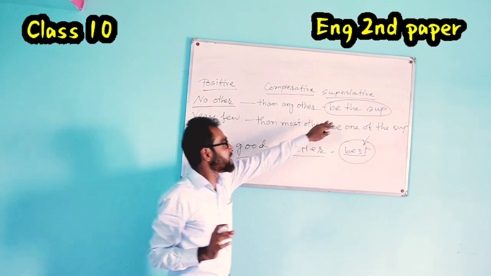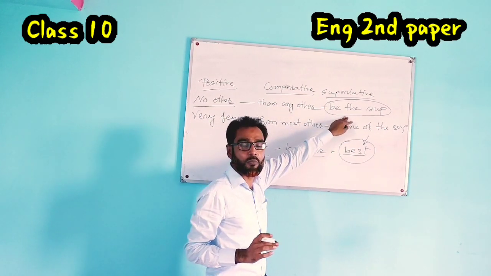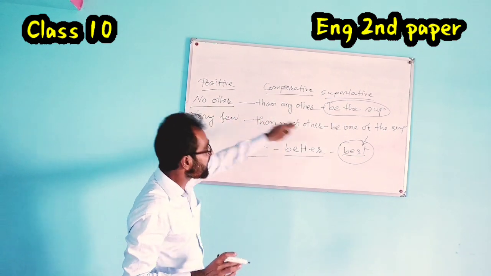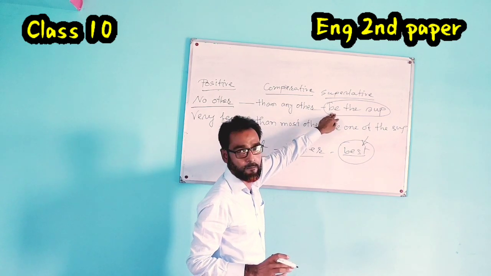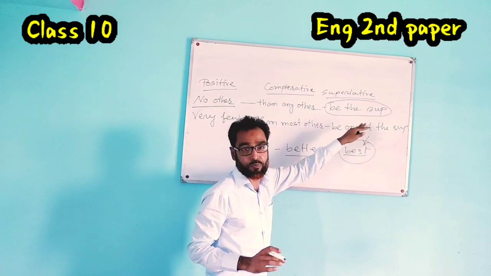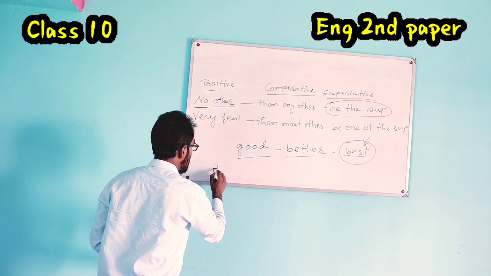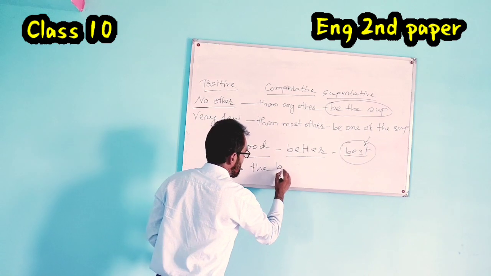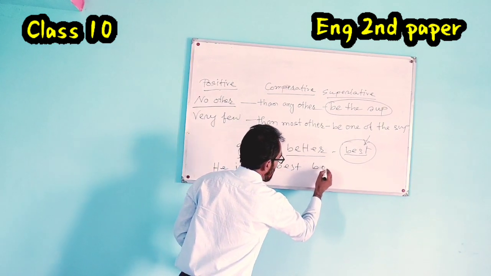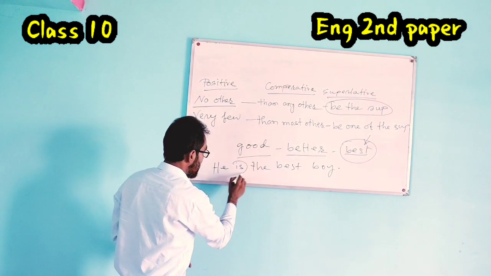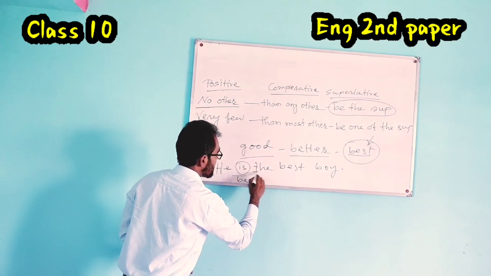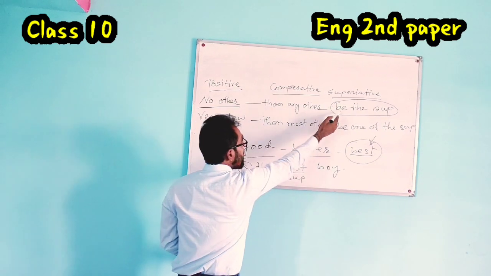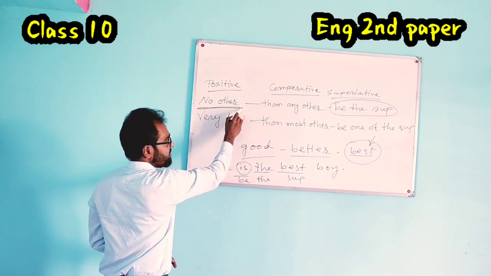Suppose you want to transform a sentence from superlative to positive, and this sentence has be the sup, like he is the best boy. I mean be the sup. Then you have to use no other.